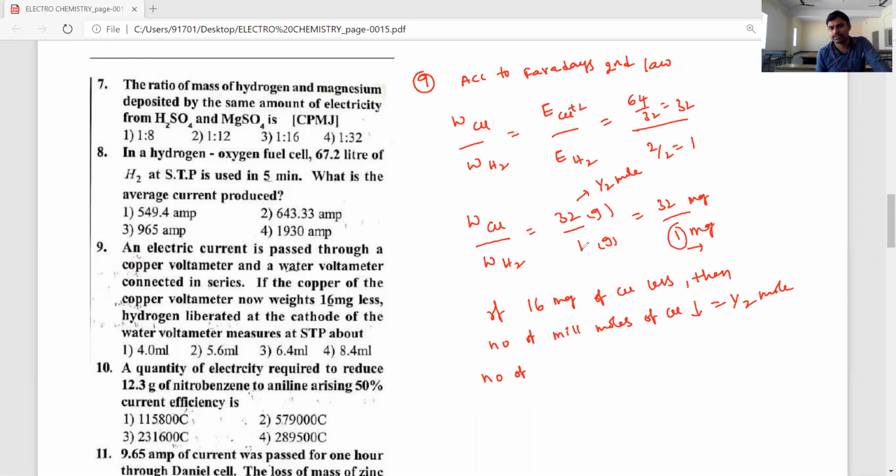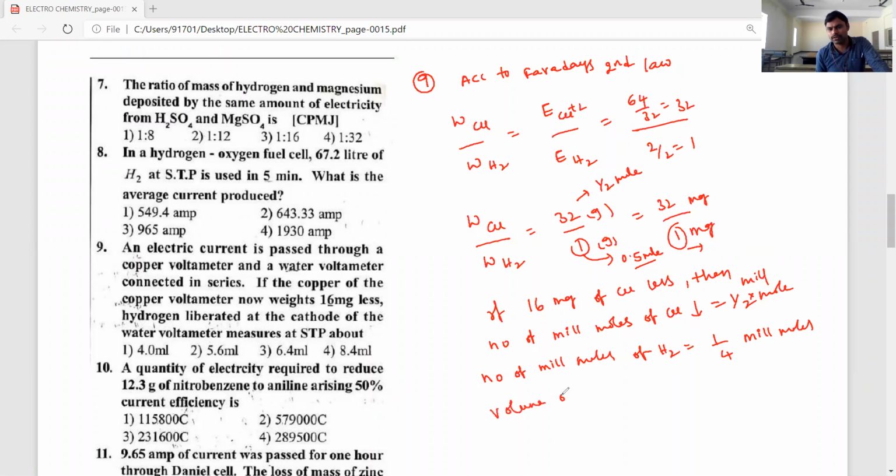H2 is also 0.5 moles. If half a mole is decreased, the number of millimoles of H2 also becomes 1 by 4. 1 by 4 millimoles of H2.